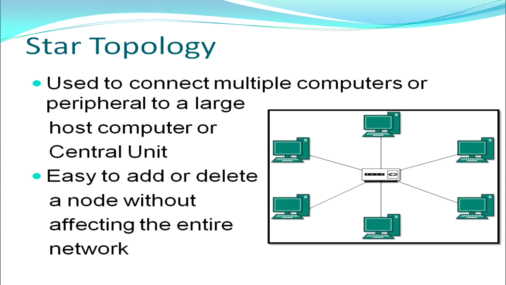There are various positives and negatives of star topology. The central unit having the entire network dependent on it is the disadvantage, but it is very easy to add or delete a node without affecting the entire network in star topology. It is a big advantage of star topology. If I want to delete a particular node, I need not stop the entire network.